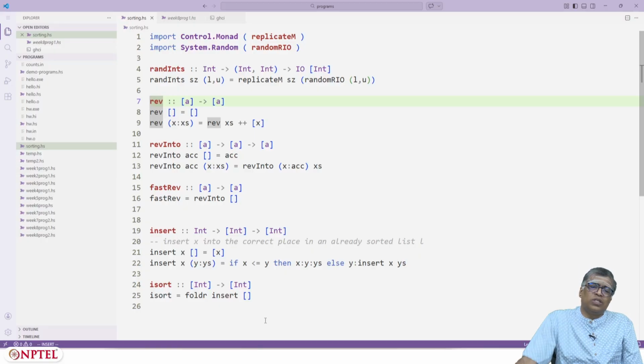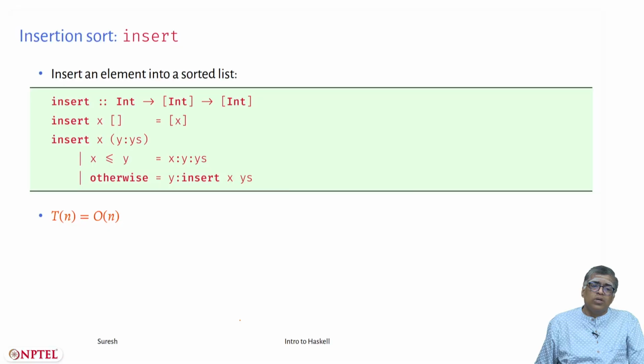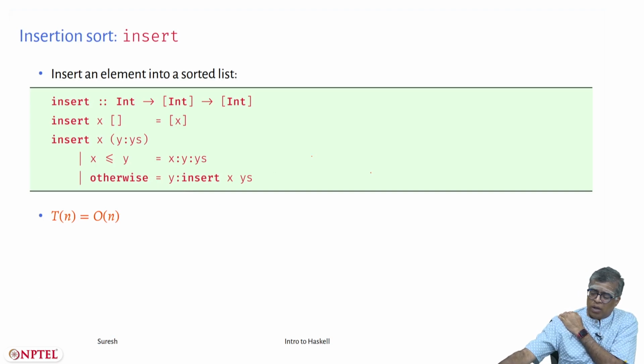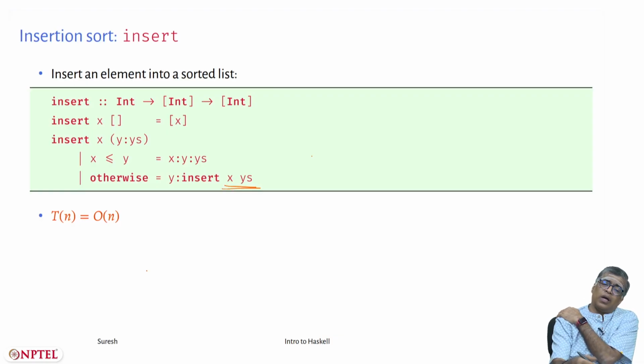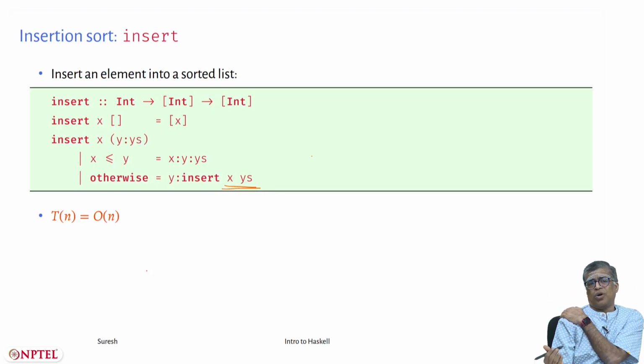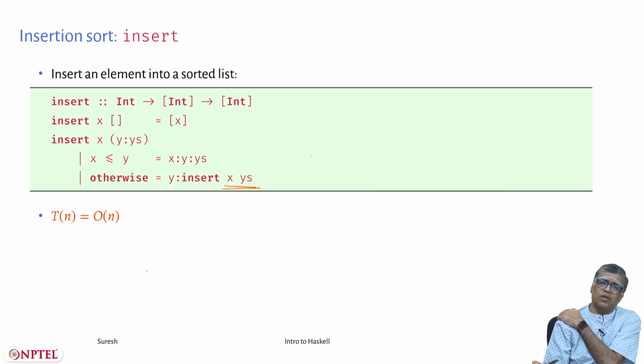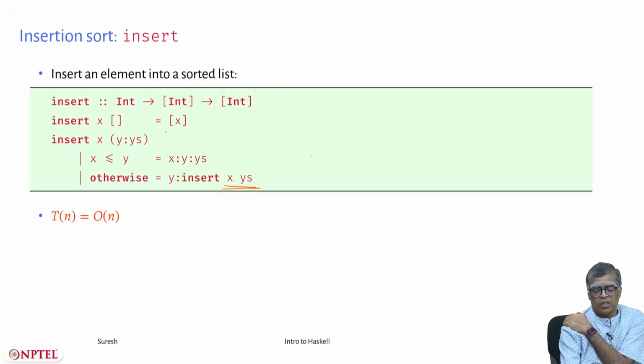Okay, so let's now compute the running time. So T of n is order of n for insert. That's because insert x in y colon ys, worst case, will depend on you will make a recursive call insert x in ys, and inserting x in ys might necessitate another recursive call to insert x in the tail of ys and so on, but ultimately you will end up with the empty list, and then you will create the singleton list x.